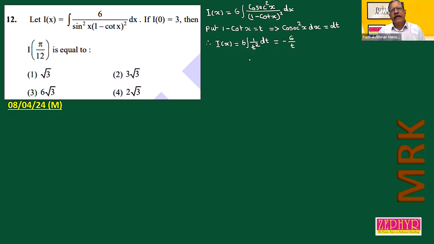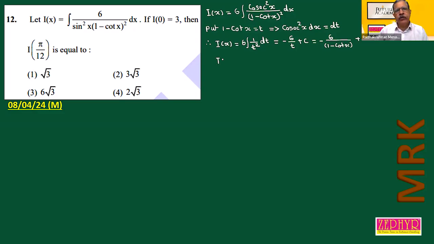Integral of 1 by t squared is minus 1 by t. Plus c, which is equal to minus 6 by, what is t here? 1 minus cot x, plus c. I of 0 is equal to 3.